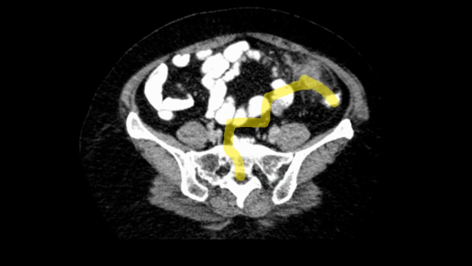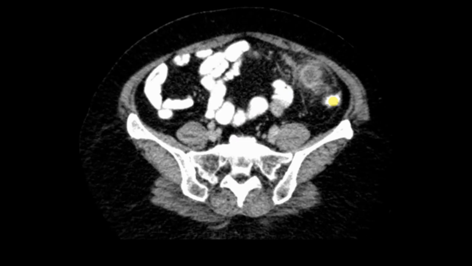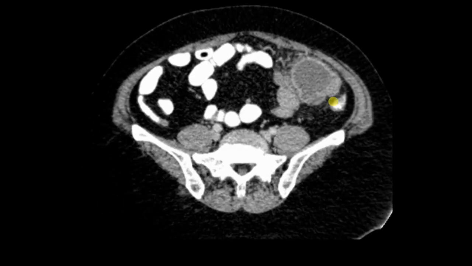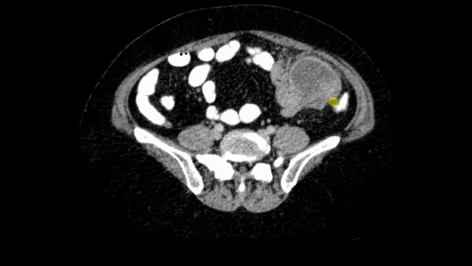Now nothing is there till this area, but as the descending colon came, you can see this lesion appearing and stranding also. But just follow this contrast. That is why positive contrast is very important sometimes. This is the descending colon and this is the mass.